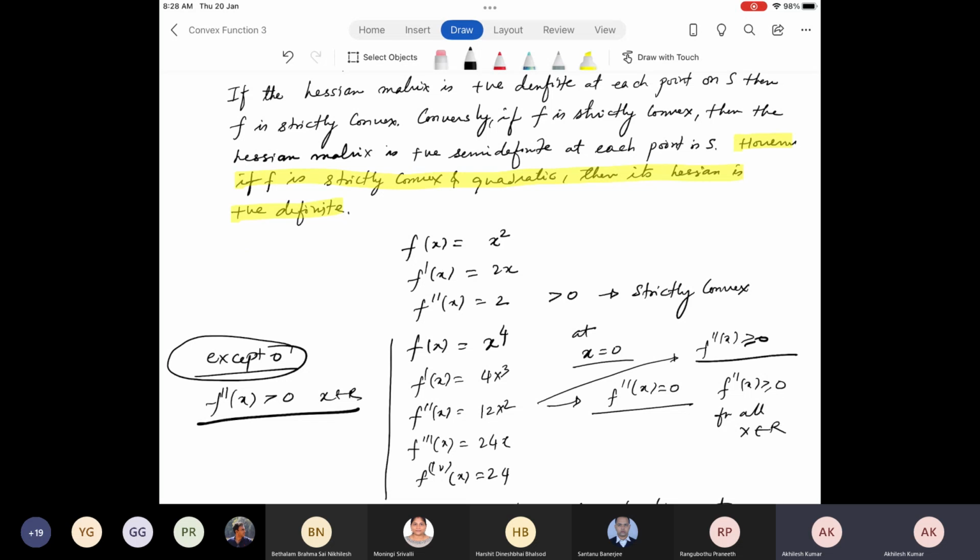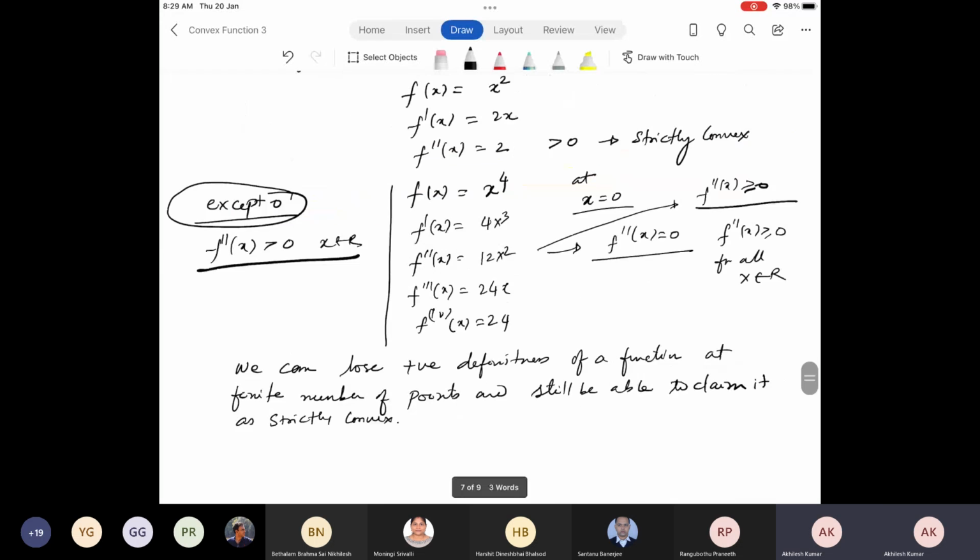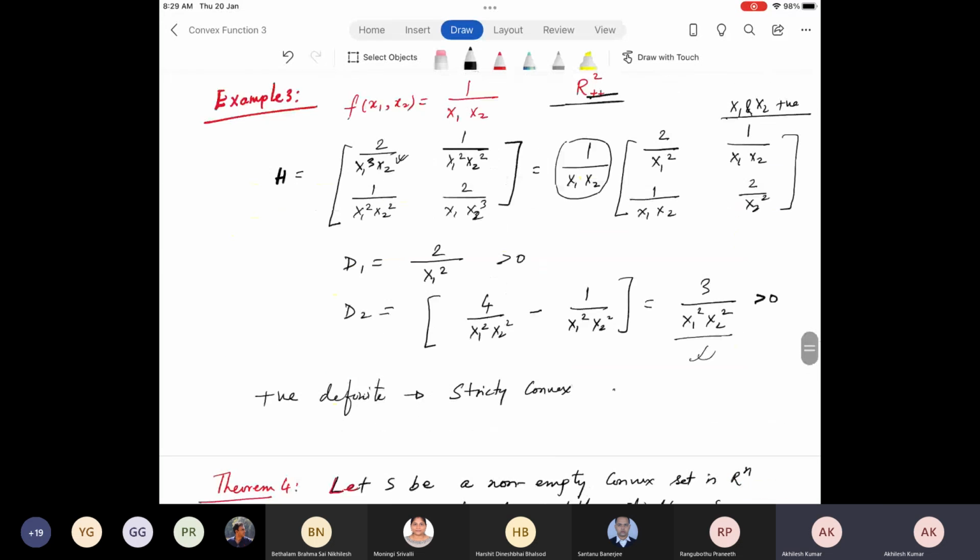It satisfies the criteria for positive semi-definiteness. So if f is strictly convex, then the Hessian matrix is positive semi-definite. Further, if I get positive definiteness, definitely it is a strictly convex function. So based on that, what is this function? It is strictly convex. Yes, sir.